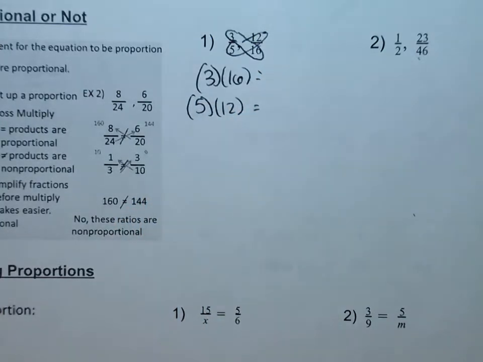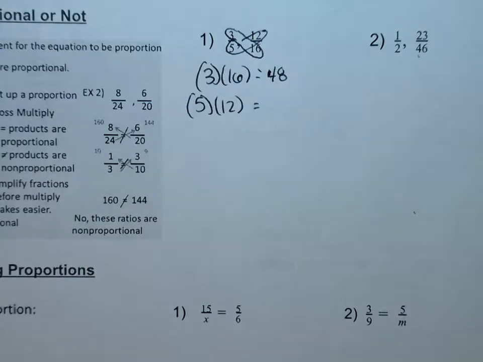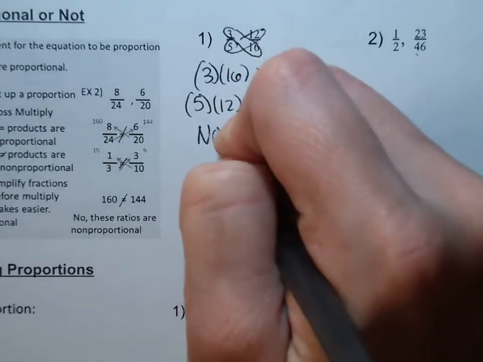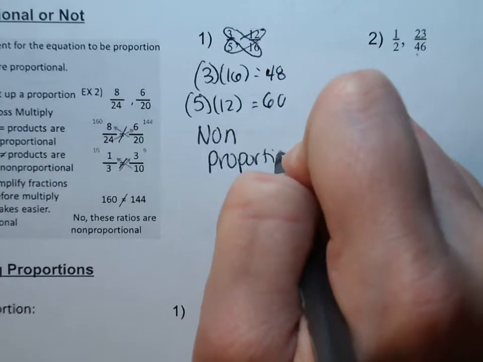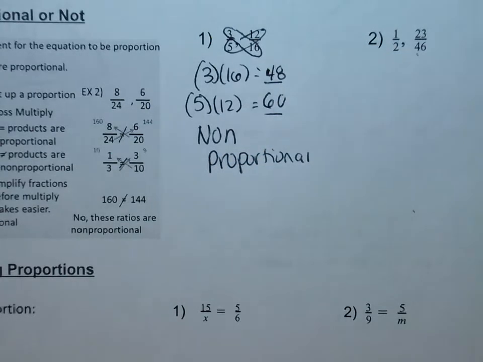We need to see if their products are equivalent or not. 3 times 16 is 48, and 5 times 12 is 60. So these are non-proportional, since 48 and 60 aren't equal.